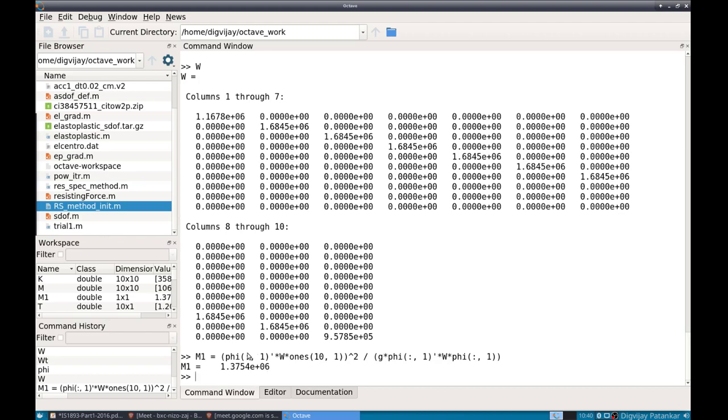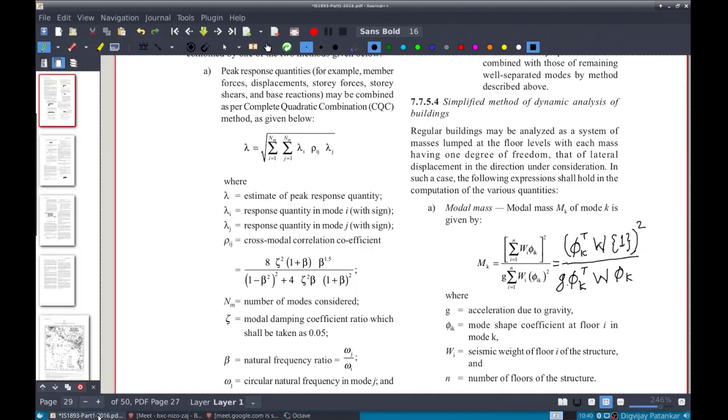1.3754 times 10 to the power 6. So where is it?